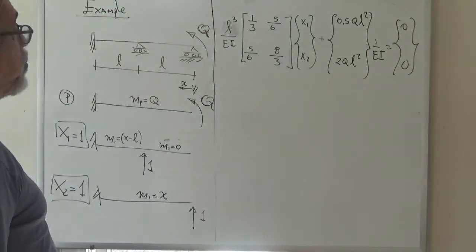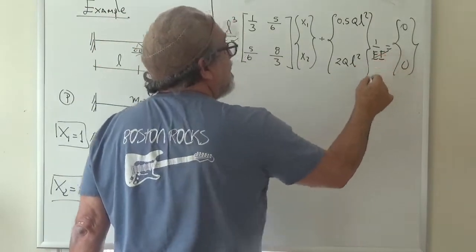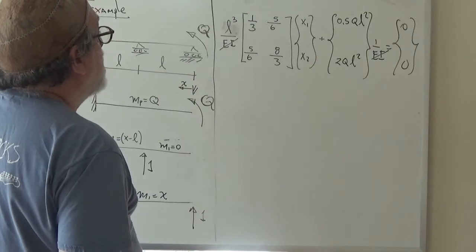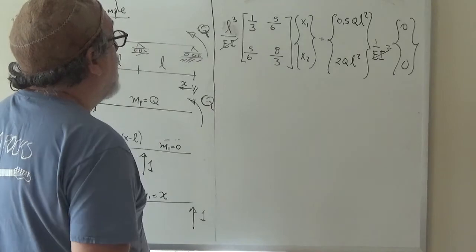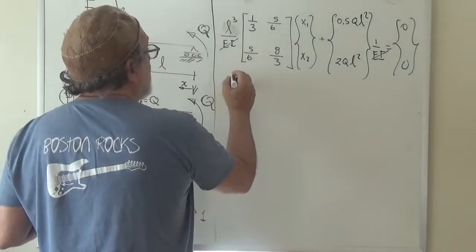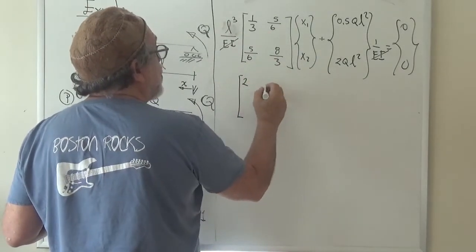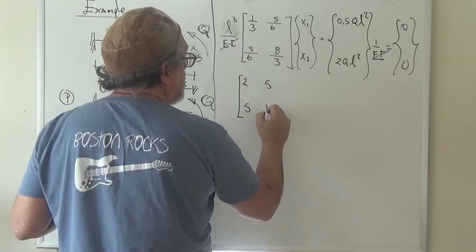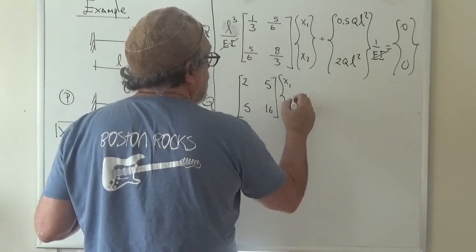So those are the two equations with two unknowns. So we do this, the EIs cancel. We can divide by L squared, or by L cubed, let's say. So dividing by L cubed and multiplying by 6, this becomes a 2, this becomes a 5, that becomes a 5, and that becomes a 16, right? And then this is x1 and x2.